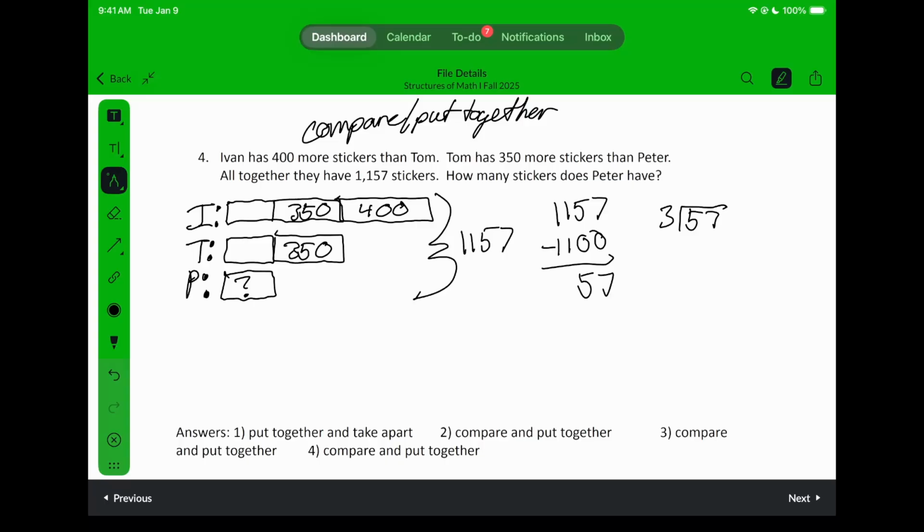Now, just to show for this, I'm going to do the standard algorithm for long division. So 3 goes into 5 once, with 2 left over, and then 7, 3 goes into 21 seven times, that's a 0. And there you go. 19.